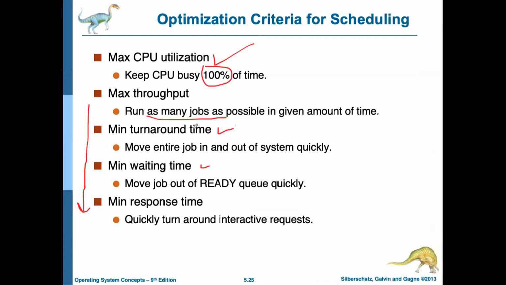Minimum turnaround time: move the entire job in and out of the system quickly. Minimum waiting time can also be a target for each algorithm: move jobs out of the ready queue quickly. Minimum response time means quickly turning around interactive requests.